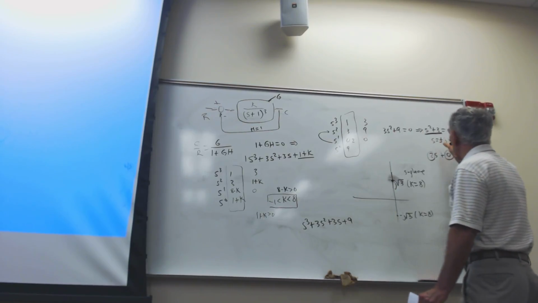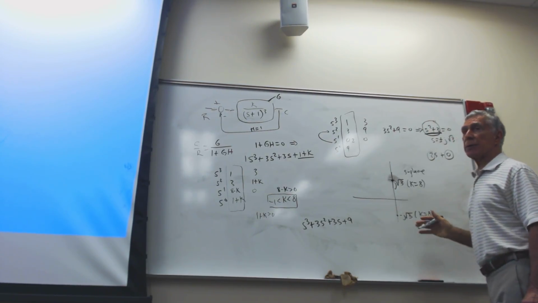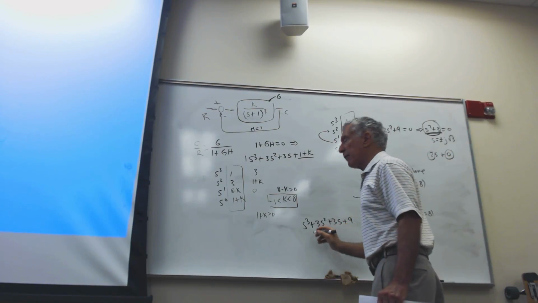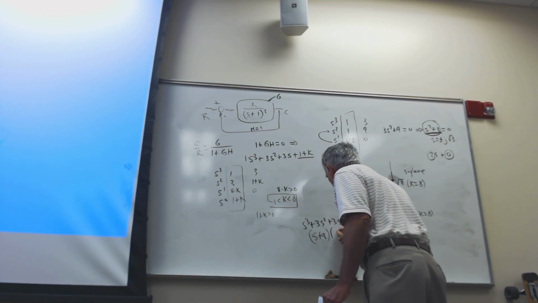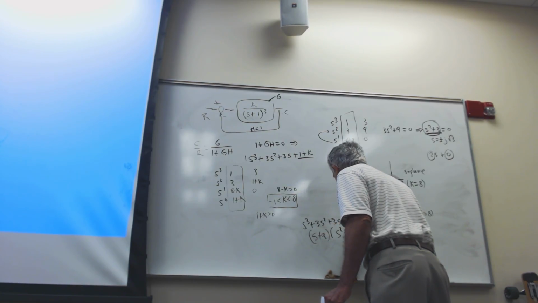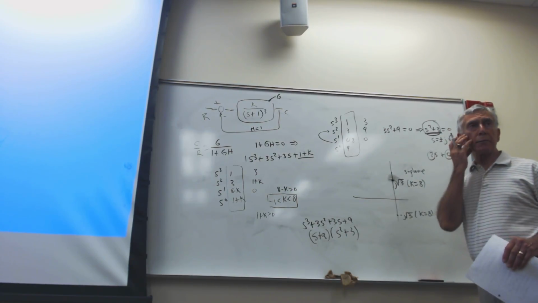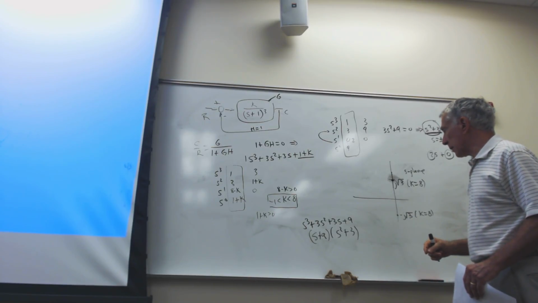And we know that one of the factors of that characteristic equation is s squared plus 3. So the third factor has to be a negative real value. Is that s plus 9? That's s plus a.